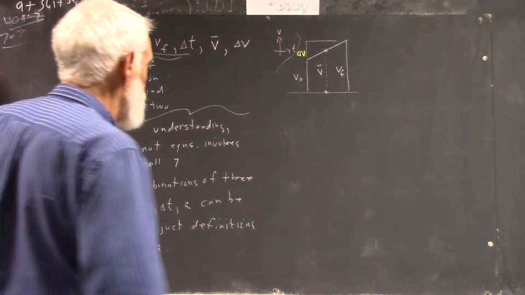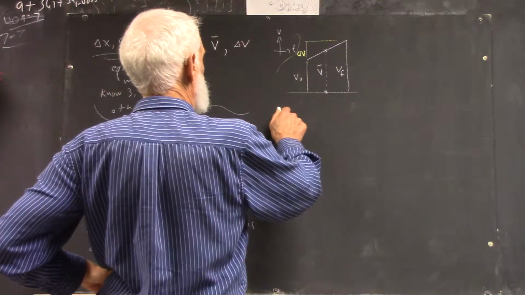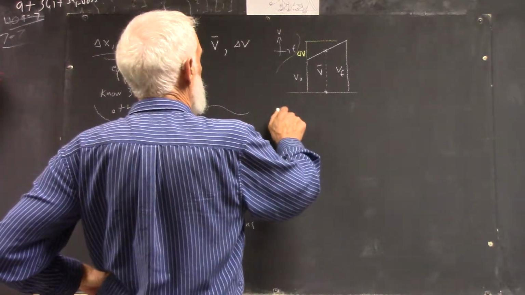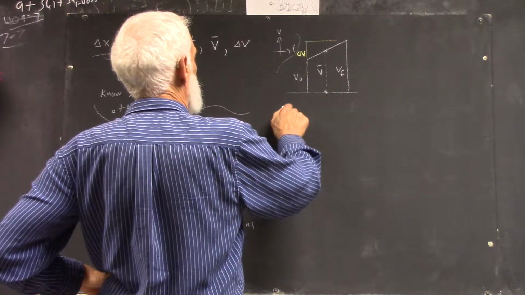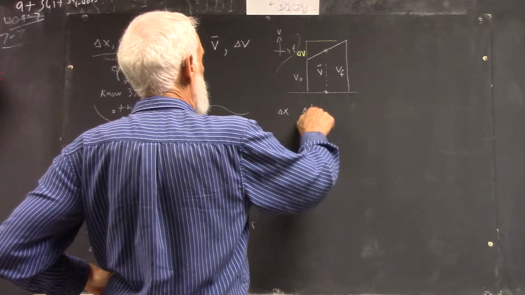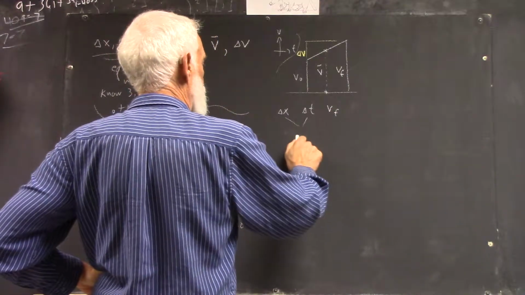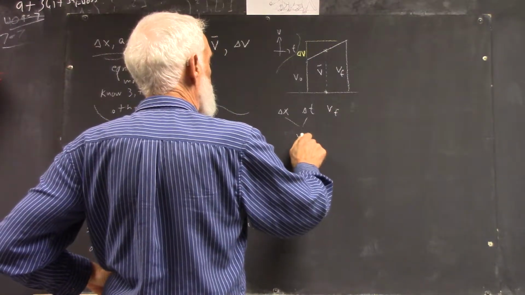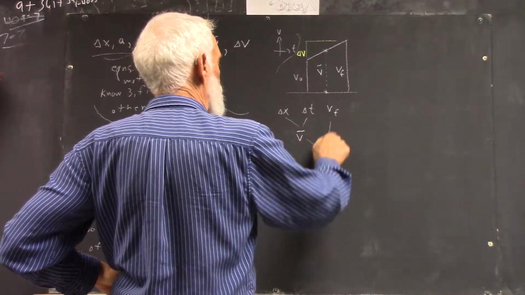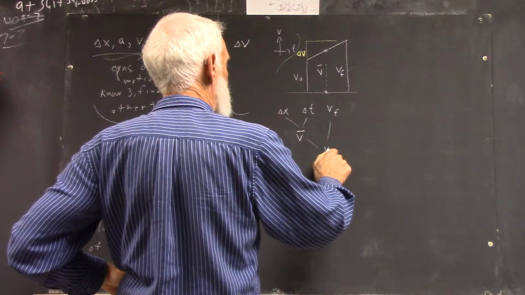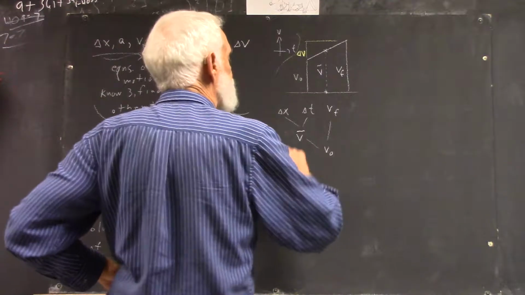So, now in our given situation, okay, we're given delta x, delta t, and VF. From delta x and delta t, we get V bar. From V bar and VF, we usually get V naught. Okay?